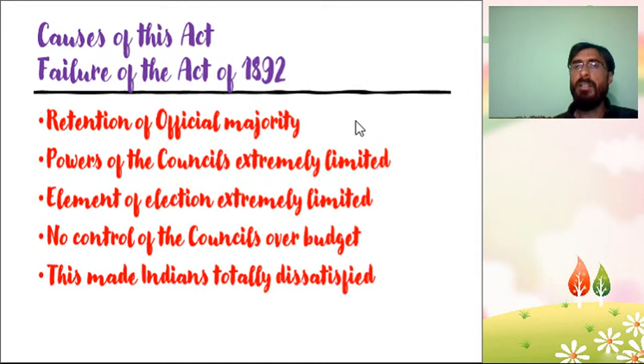Under this act, councils were enlarged, but the official majority was retained. The members were given the power to ask questions, but the government was not under any obligation to answer such questions. Moreover, the members were not given the power to ask supplementary questions.